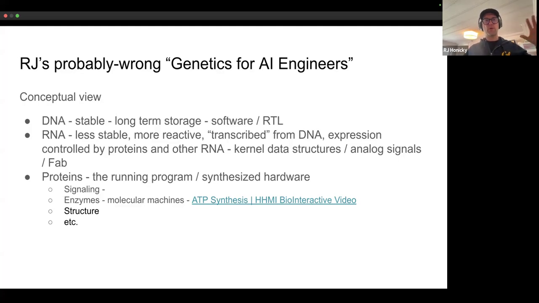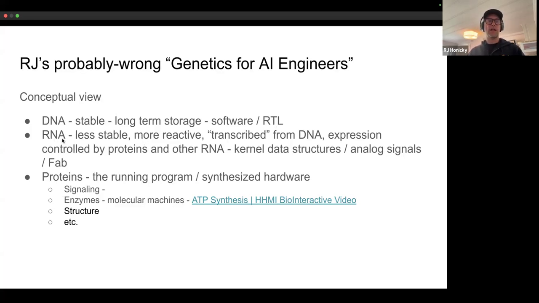At its core, from my understanding, DNA is the long-term storage, and I like to think of it as the software. It's the program your cells follow in order to create proteins, which are sort of like hardware. You could call it software or RTL, describing how to synthesize a piece of hardware.